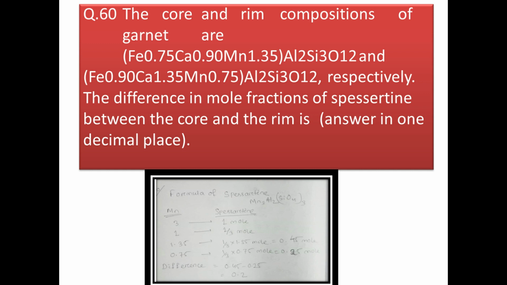So 1 mole of Mn will form 1 by 3 mole of spessartine. Okay. And similarly, if you calculate, 1.35 manganese will produce 0.45 mole of spessartine, and 0.75 manganese will produce 0.25 mole of spessartine. Okay. Now the difference between them is 0.45 minus 0.25, that is equal to 0.2.